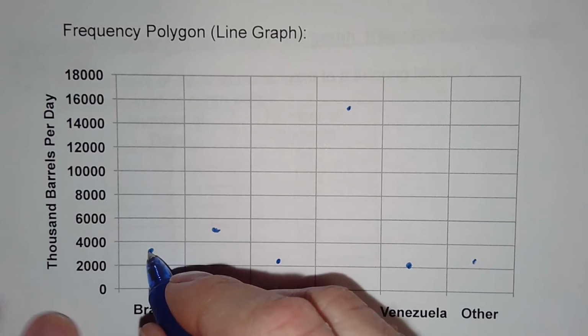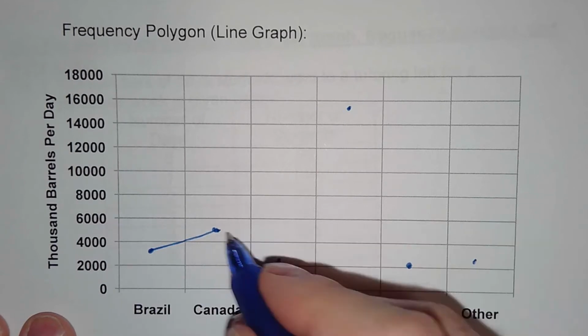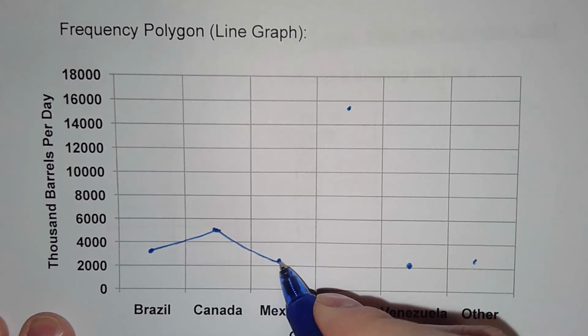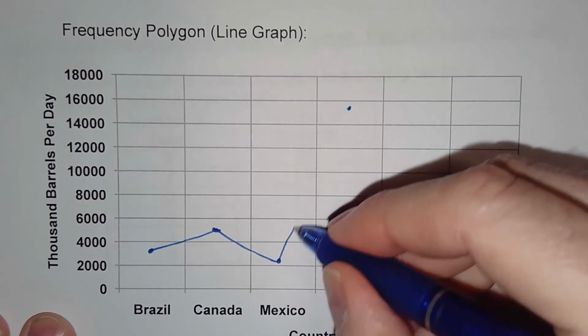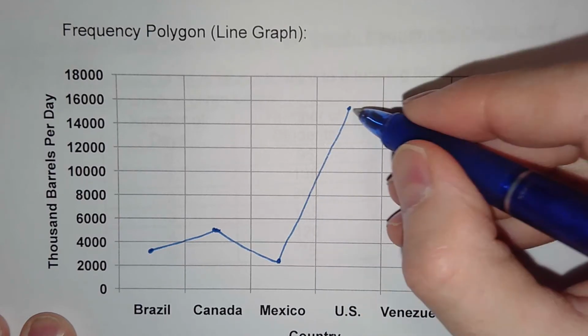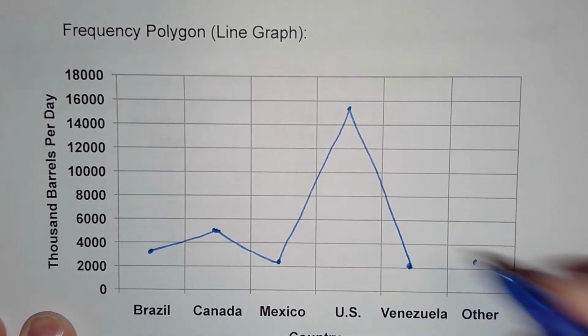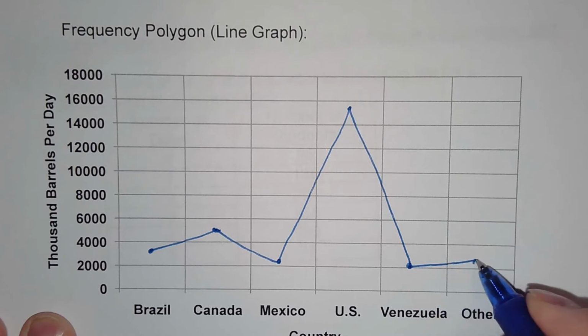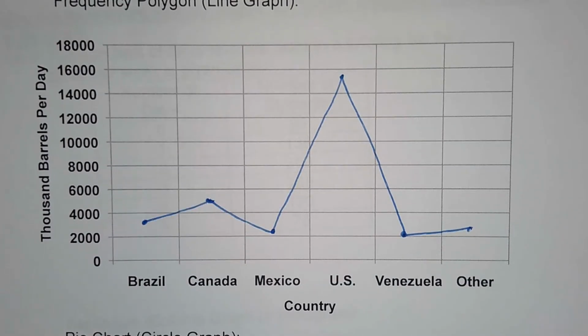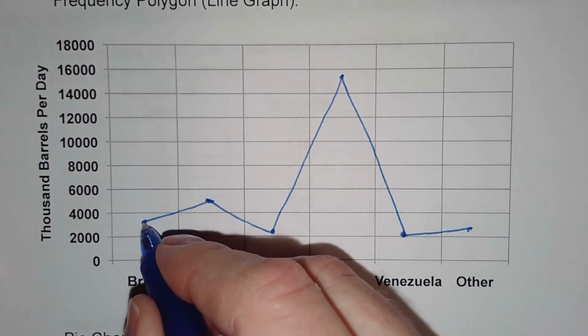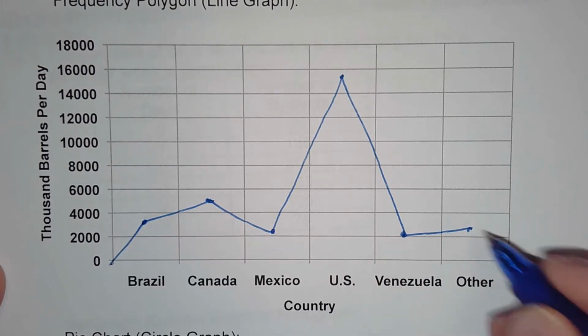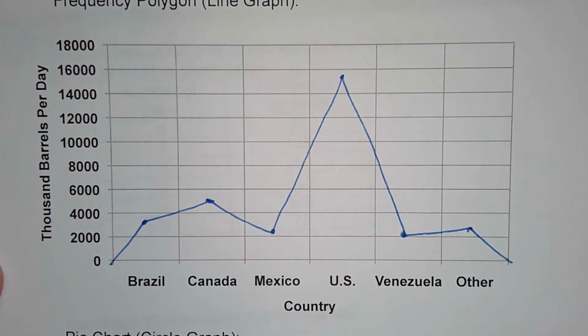And then what we do is we literally connect the dots. Now the only thing we do at the end here is connect the ends to the bottom to make our frequency polygon.